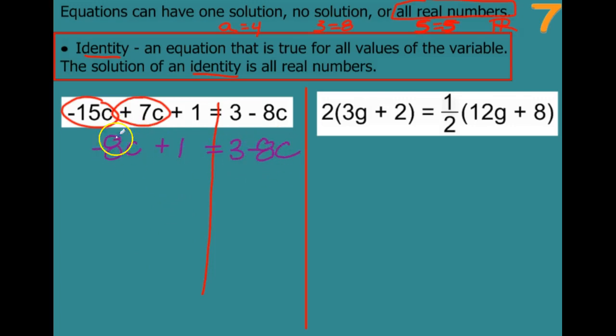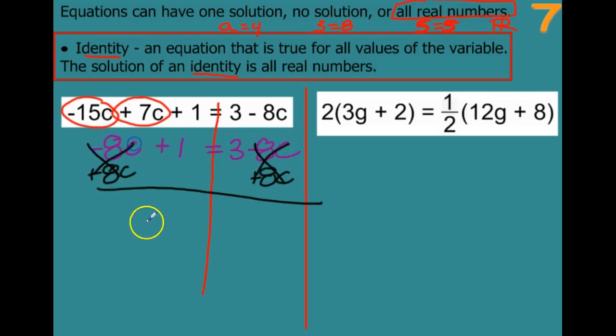It doesn't matter which one we move because they're both negative 8c. So if I do the opposite and add 8c, those eliminate, and those eliminate. So we end up with 1 equals 3. Well, 1 is never going to equal 3, so this is one of these right here that we call no solution.